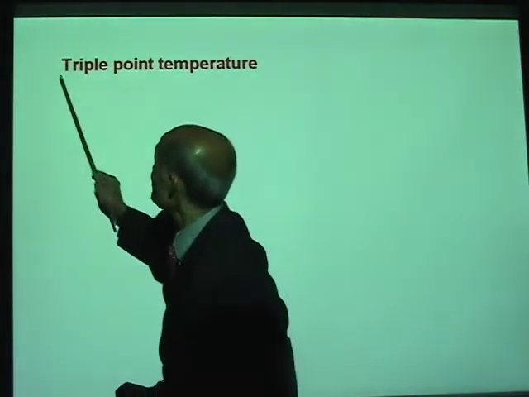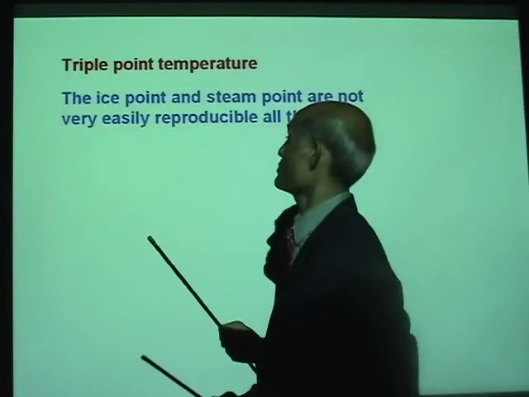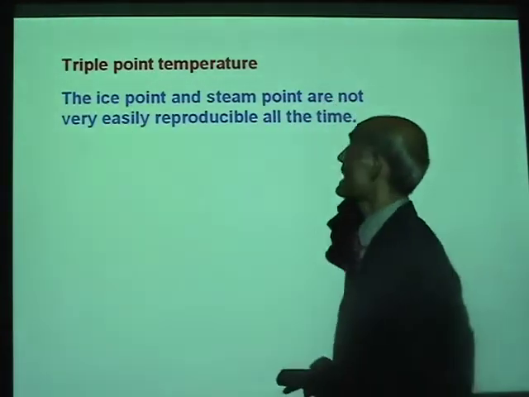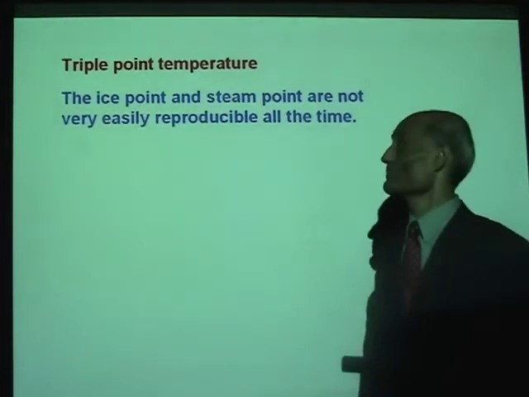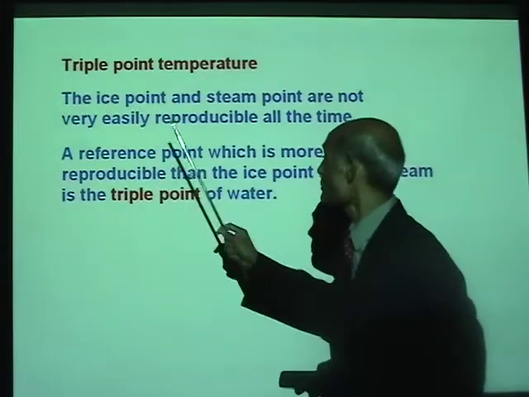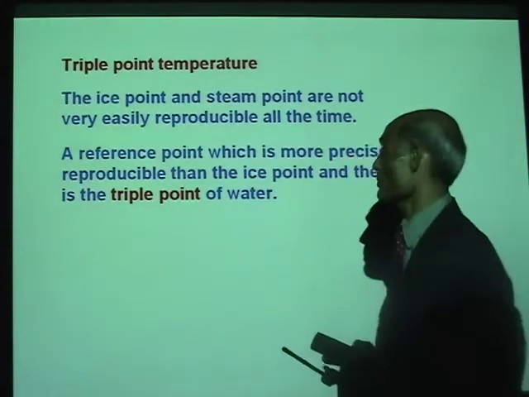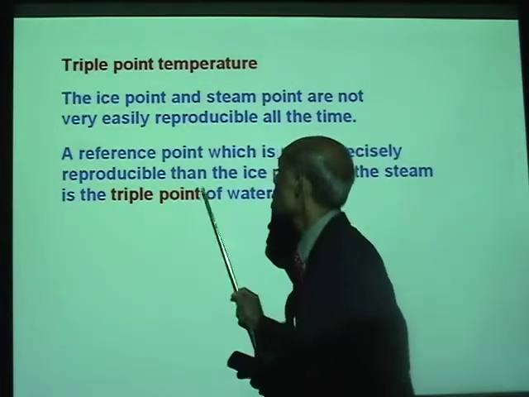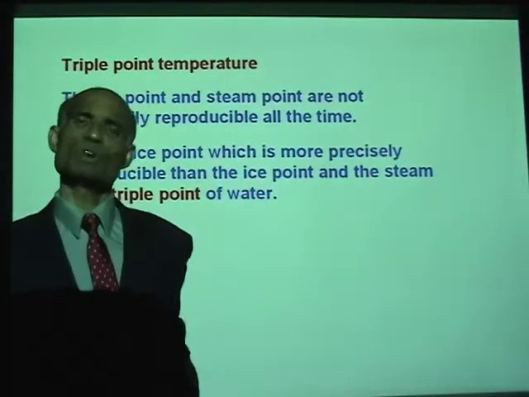So, we are now going to look at what is called the triple point temperature. The ice point and steam point are not very easily reproducible all the time. Now, a reference point which is more precisely reproducible than the ice point and the steam point is the triple point of water.